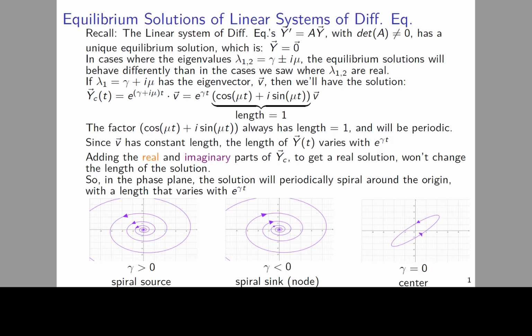Since the classification of the equilibrium solution depends on the sign of γ, and we've looked at the cases where γ is positive, negative, and 0, these are the only three classifications of equilibrium solutions when we have complex eigenvalues.